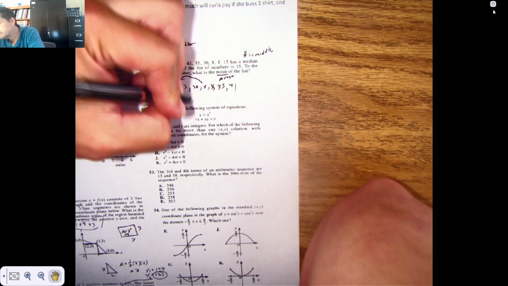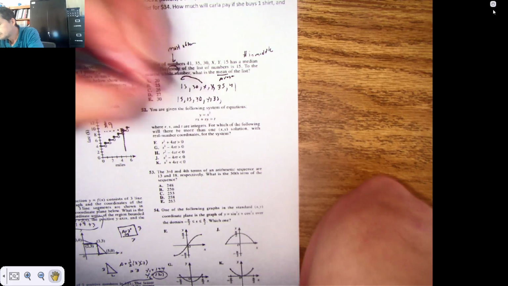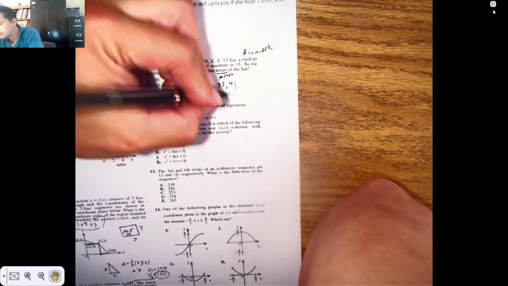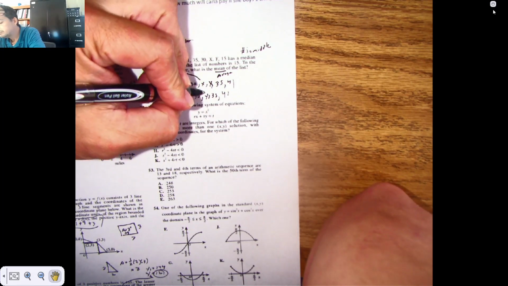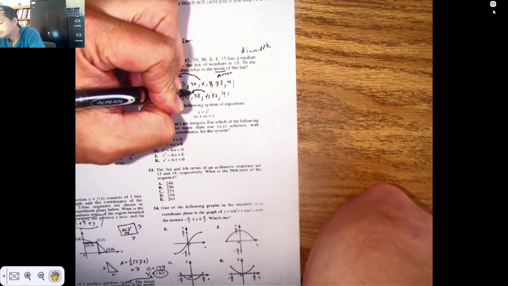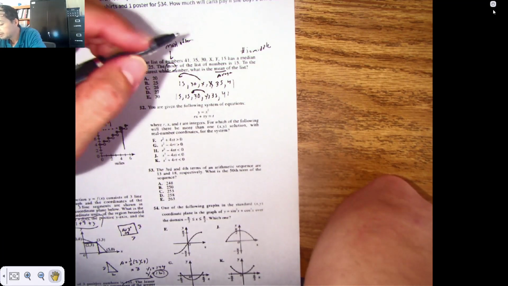And I just left y there. I have a median of 25. Maybe this is in the wrong spot. Median's going to be in the middle, and this thing's got 6 entries.